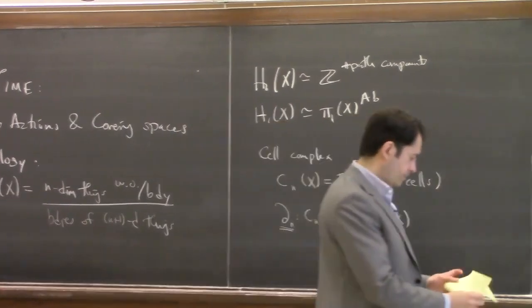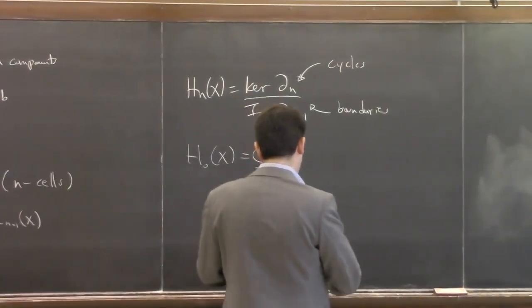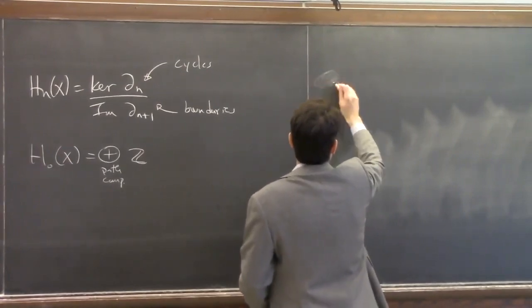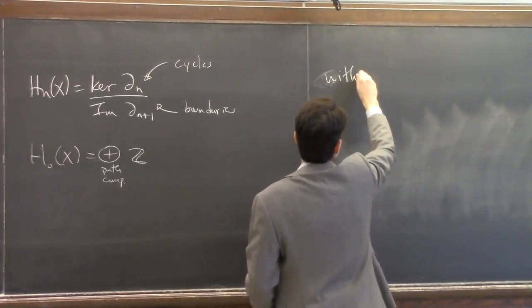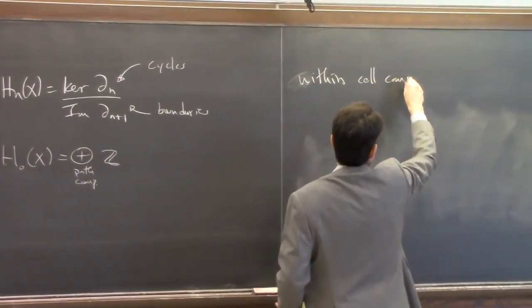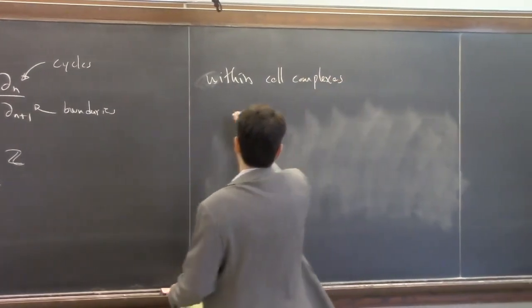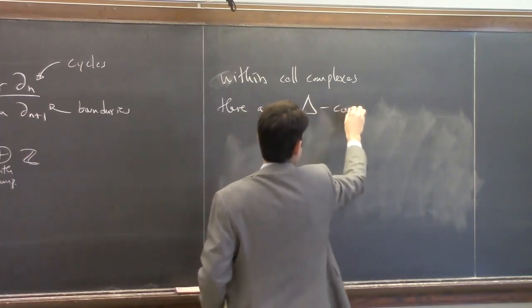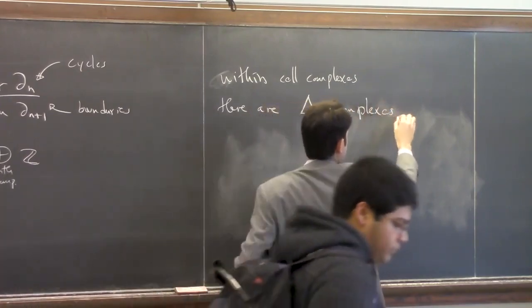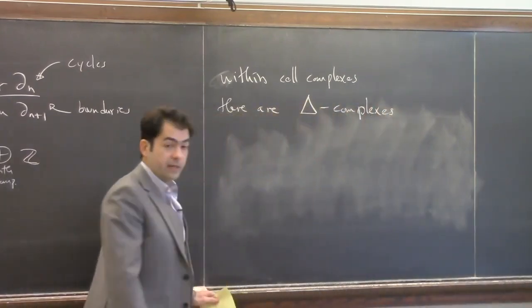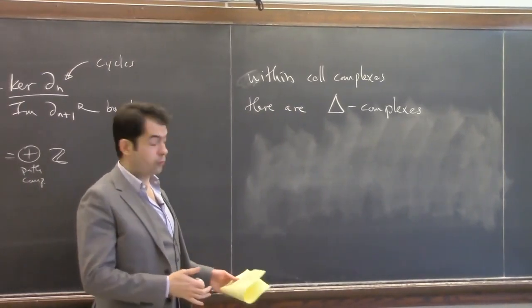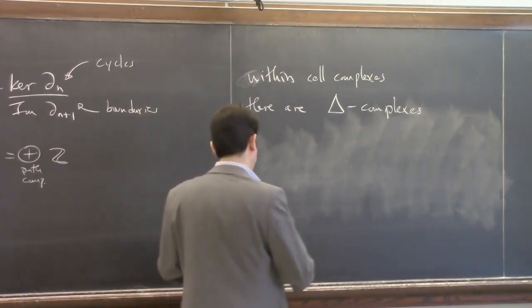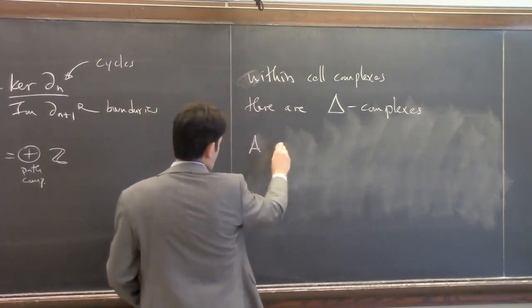So we're going to use cell complexes that are known as delta complexes. Okay, so here the delta is meant to remind you of a simplex. So let me remind you what that is.